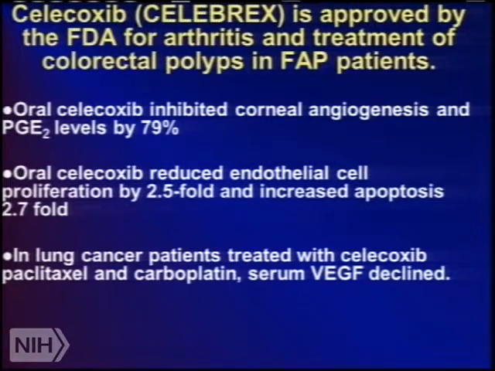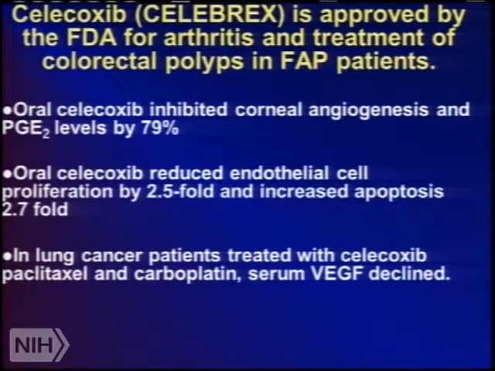It's primarily used in arthritis patients. In lung cancer patients, it was found to be a very weak drug. It potentiated some of the actions of the chemotherapeutics, but it's never really made it big in terms of cancer treatment. It's much bigger in terms of treating patients with arthritis.